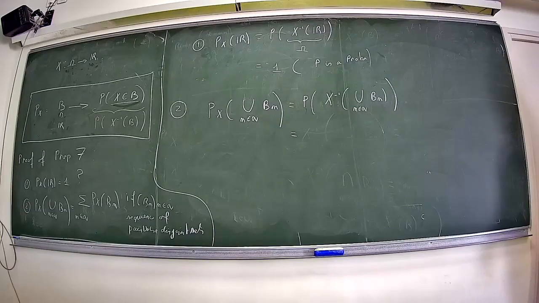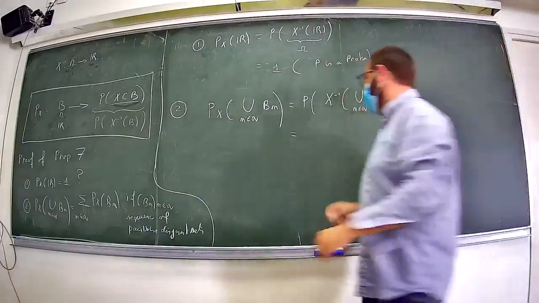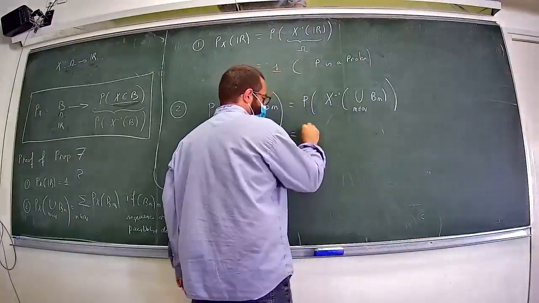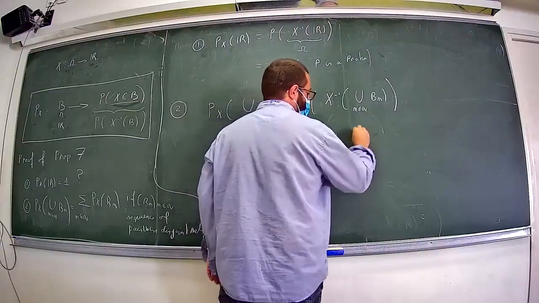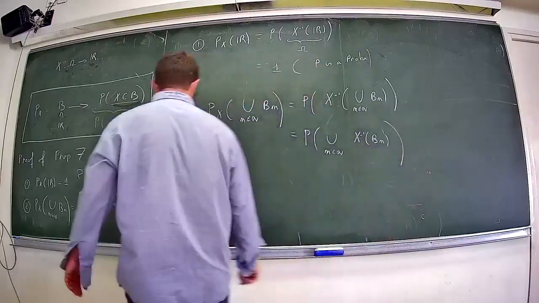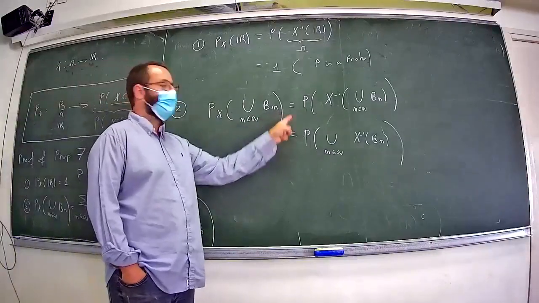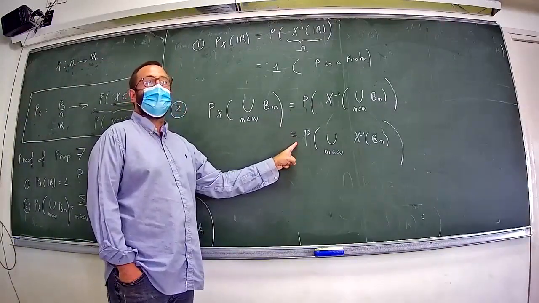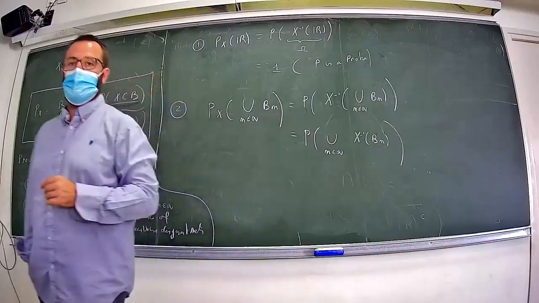The pre-image of the union is equal to the union of the pre-images. So I can write the thing this way. P of this one. And now I have to conclude. So here I just use the definition of Px, the fact that the pre-image fulfills some good properties in relation with the union or the intersection. So I have this.